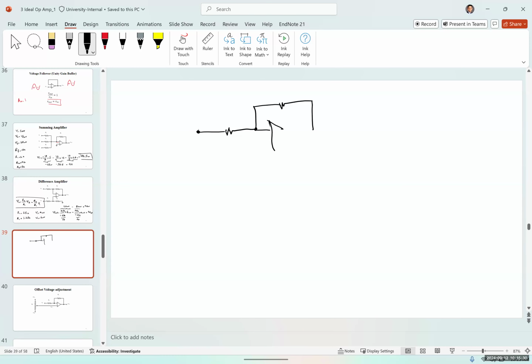Let's say we have an inverting amplifier. By the way, negative amplifiers or inverting amplifiers are more prevalent, more used than the other types, but we use different types of amplifiers.